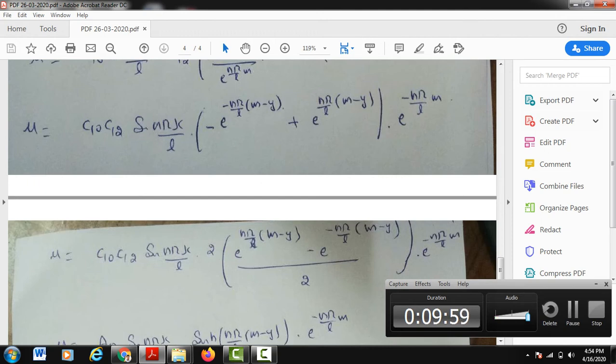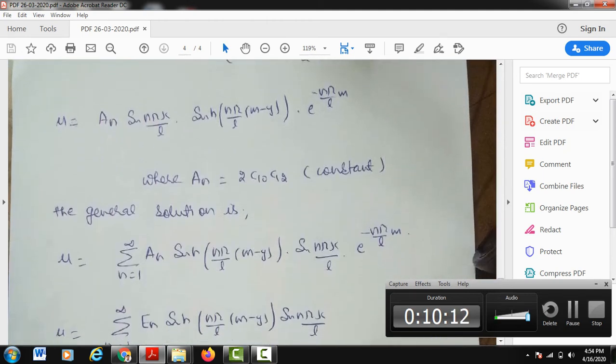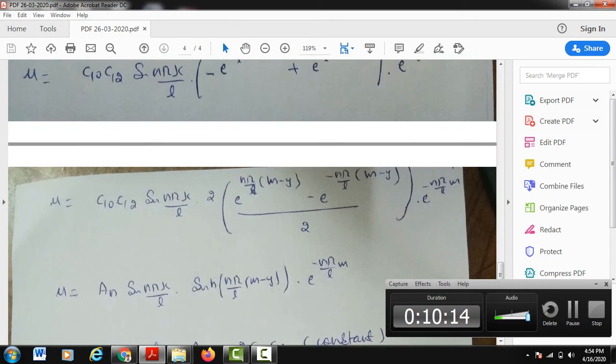Now it is of the type e to the power x minus e to the power minus x by 2. So this is basically sine hyperbolic x, as you have read. So u is equal to this, C10 and C12 being constants, so they are replaced with another constant, say an.